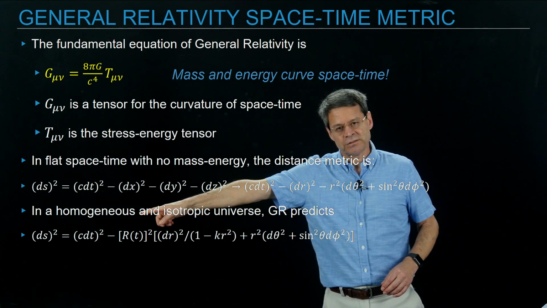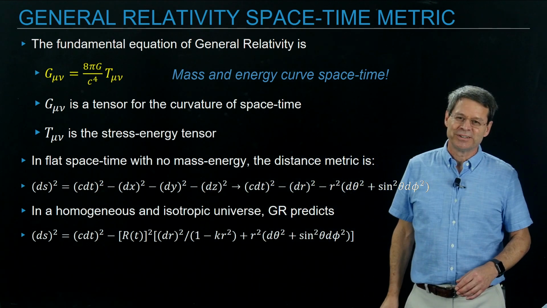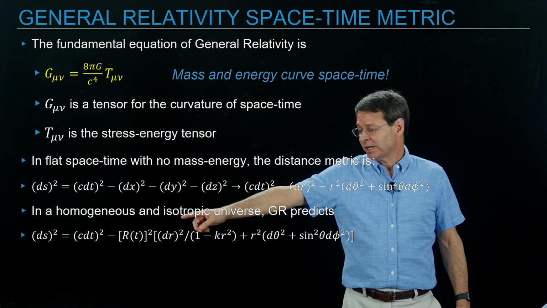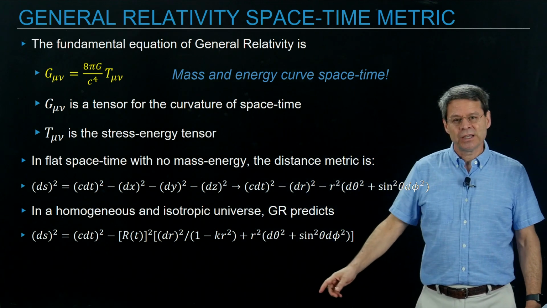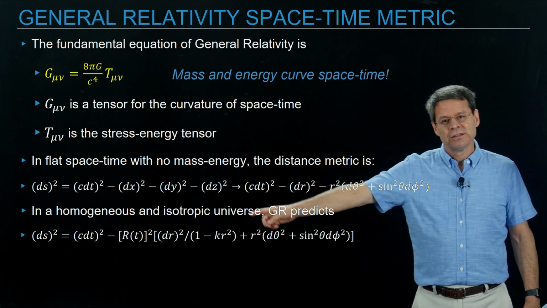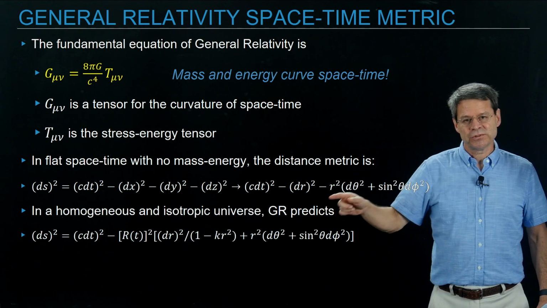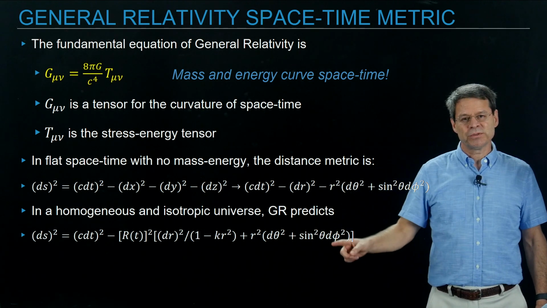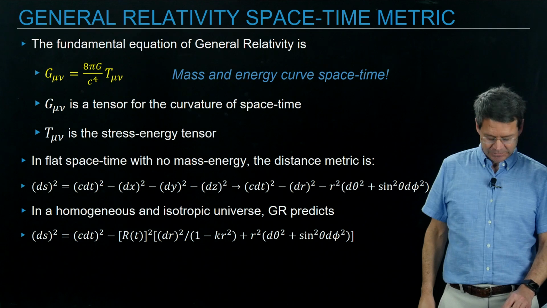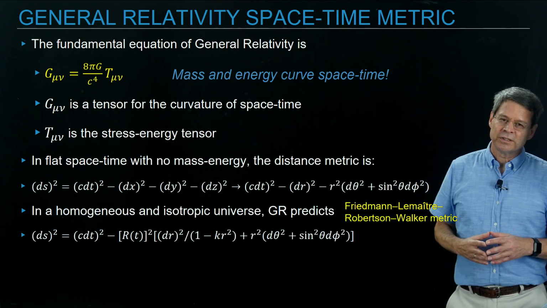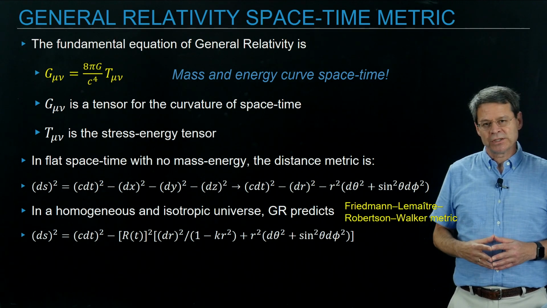I have the c dt squared in front, but then I have R, a function of time, R of t squared, times, in brackets then, dr squared over 1 minus k r squared, and then this term we saw before, r squared times d theta squared plus sine squared theta d phi squared. This is known as the Friedmann-Lemaitre-Robertson-Walker metric.